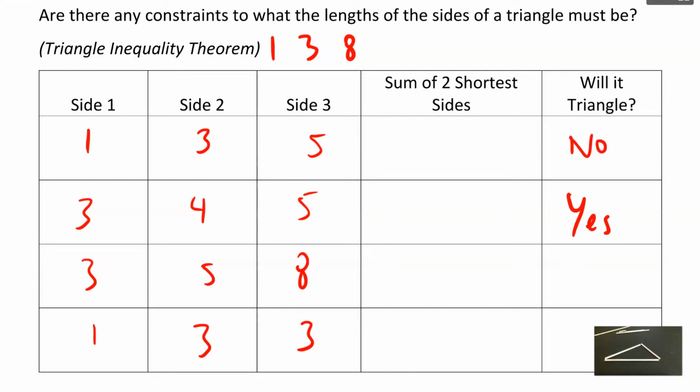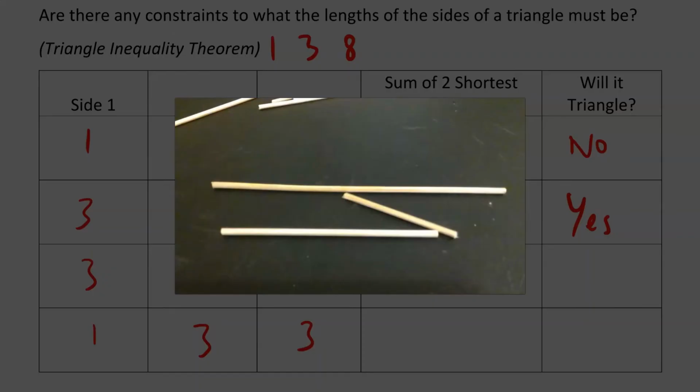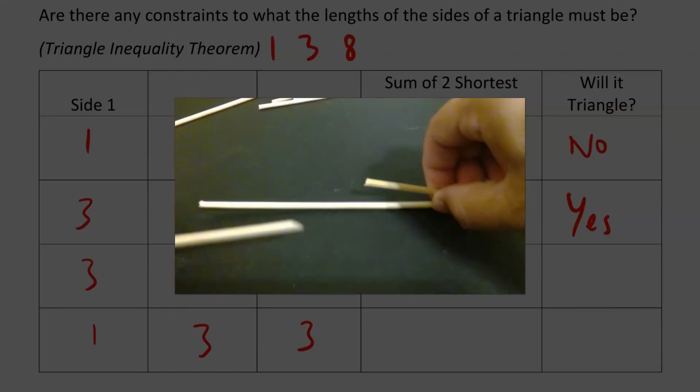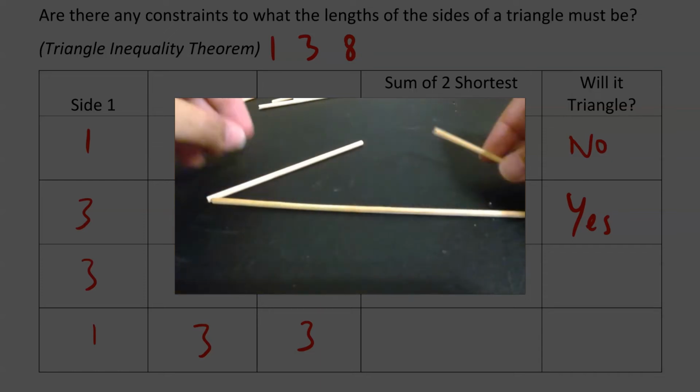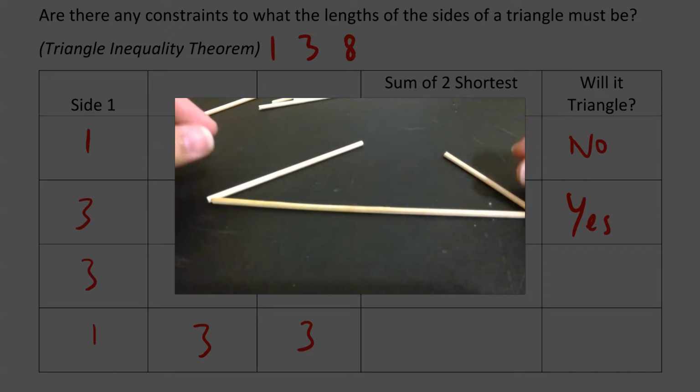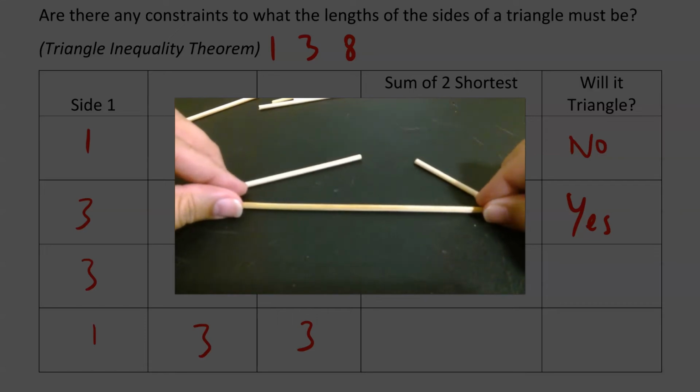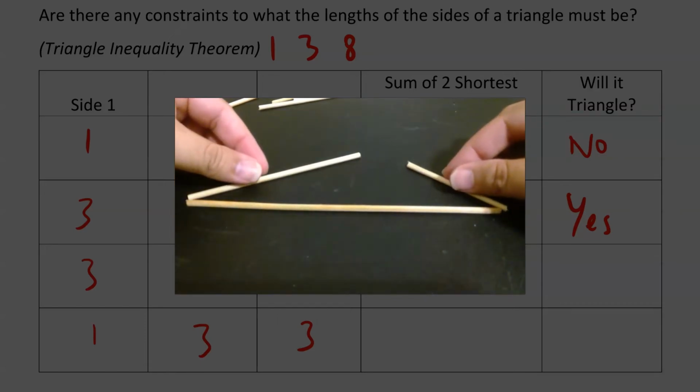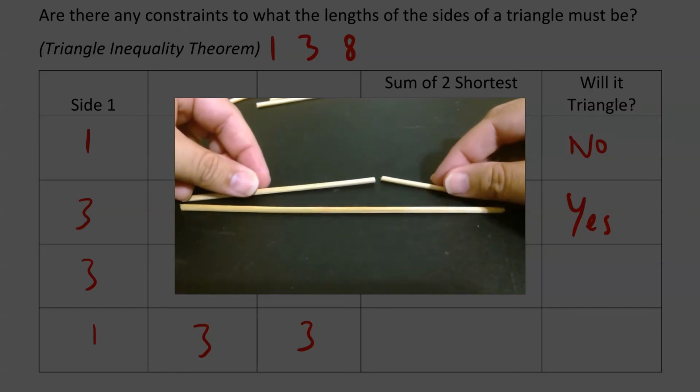All right, a 3, a 5, and an 8. Let's see what that does. Can that make a triangle? You might think, okay, that seems like it might work, right? A 3, a 5, and an 8. Let's see.